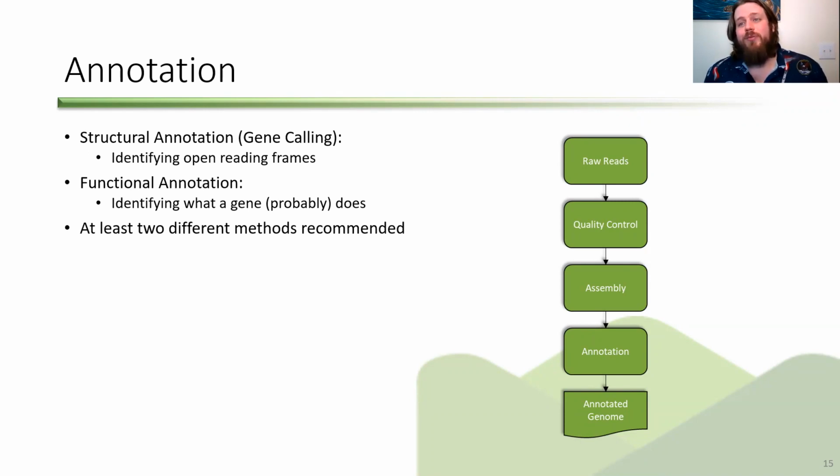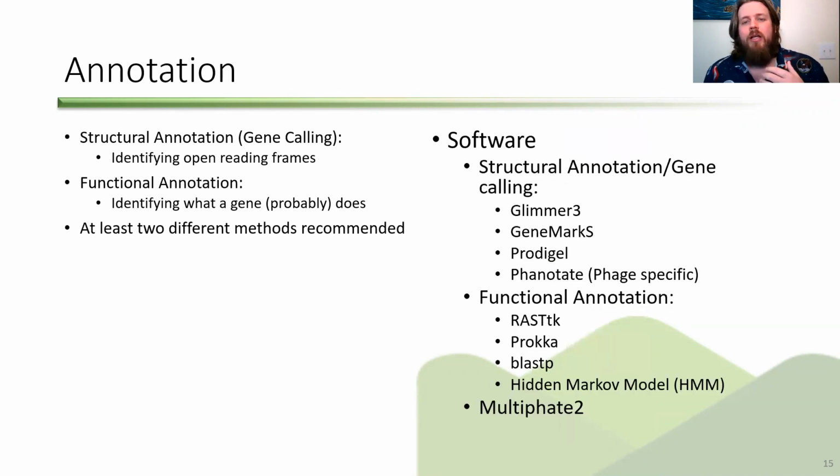I don't like using just one annotation software. There are several free ones that are widely available and widely used: Glimmer3, GeneMark-S, and PHANOTATE, which the Phage Directory recently did a video on with the maker, I believe. That's a phage-specific gene caller I would recommend.